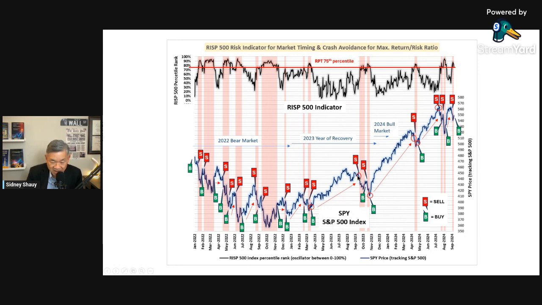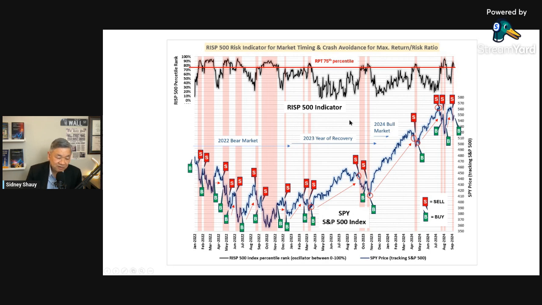Whereas if you're here, it signals, wait a second, this may potentially develop into something more harmful. I think that is the contribution that the RISP 500 indicator gives you. And as a consequence, it works as a market timing device. It wasn't built for that, but this was actually a consequence of using it.